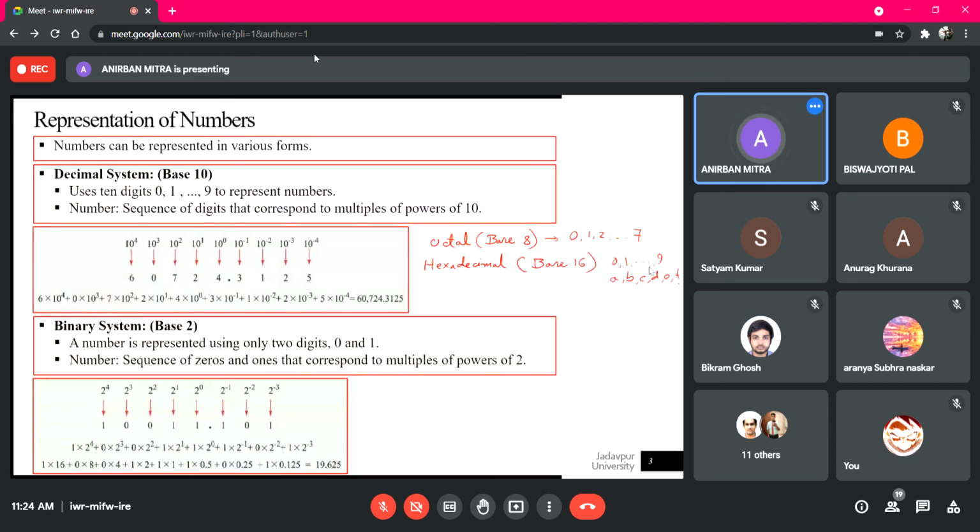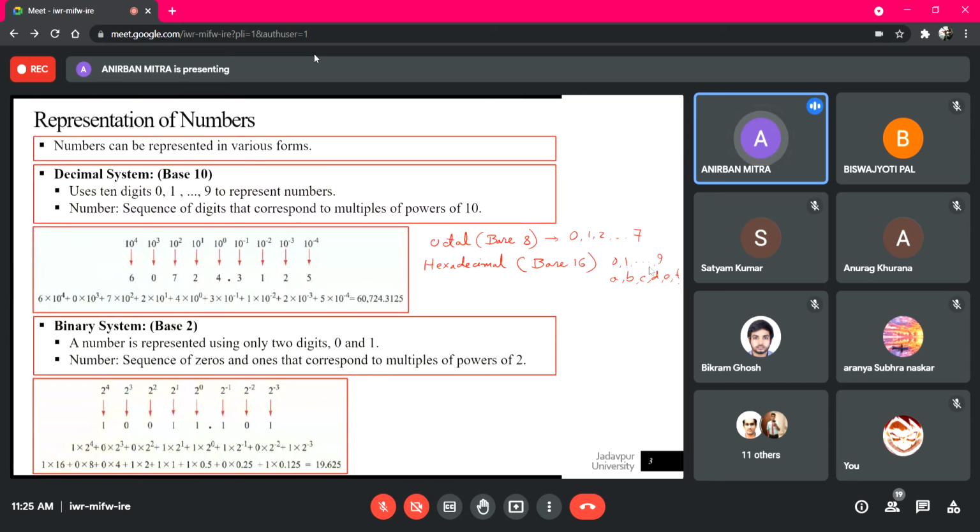We look at where the ones are. Let's identify those positions where ones are located. So we have in the 2 to the power 4th place, 2 to the power 1 place, and 2 to the power 0 place. That means we are talking about before the point. So 2 to the power 4 can be added to 2 to the power 1 and 2 to the power 0. That gives you the integer part of this number. And this comes out to be 19.